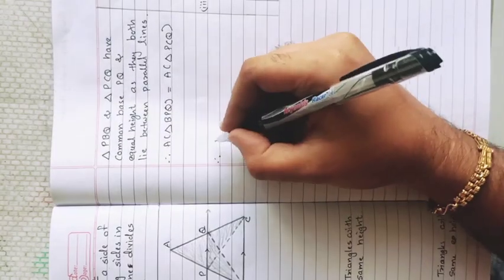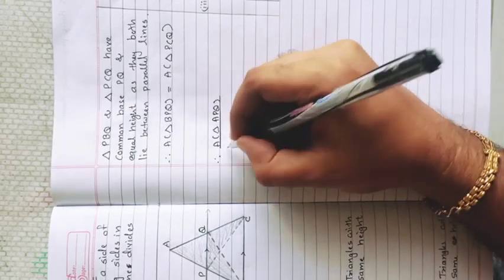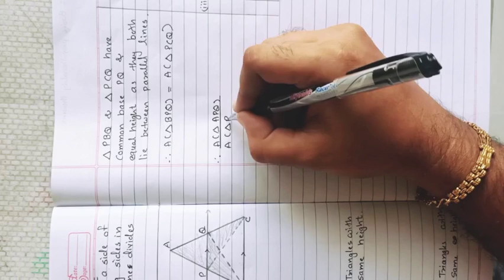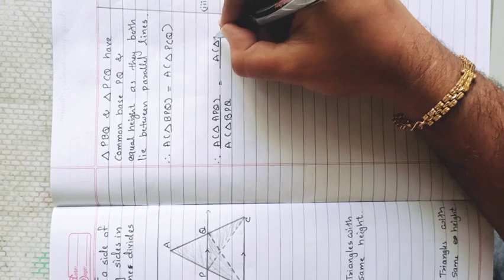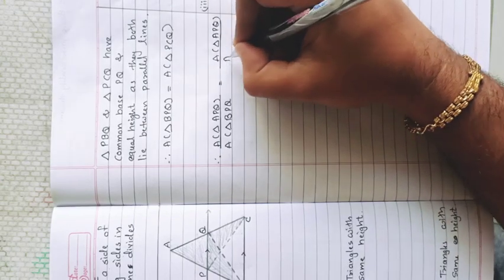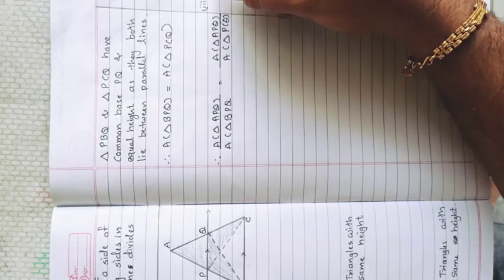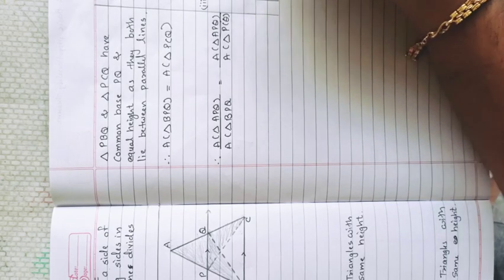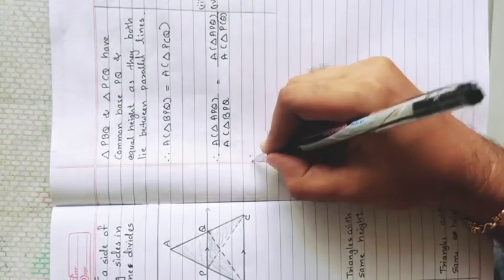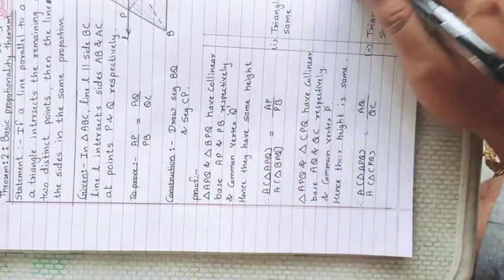So therefore area of triangle APQ upon area of triangle BPQ equal to area of triangle APQ upon area of triangle PCQ, from 1, 2 and 3. We'll mark it as 4, and therefore if LHS are same, RHS are same, so AP upon PB equal to AQ upon QC.